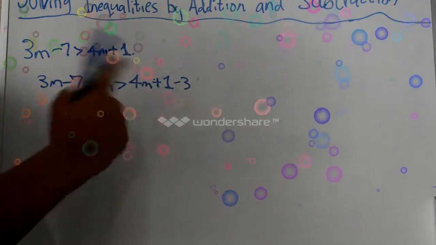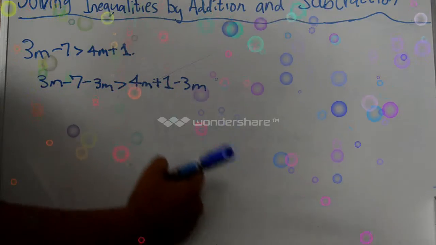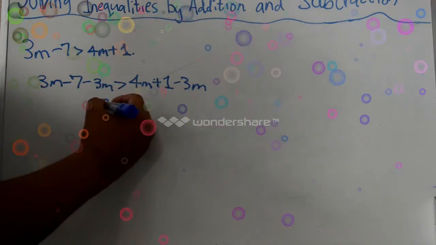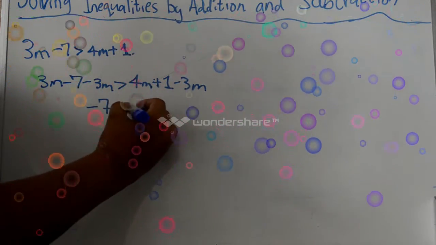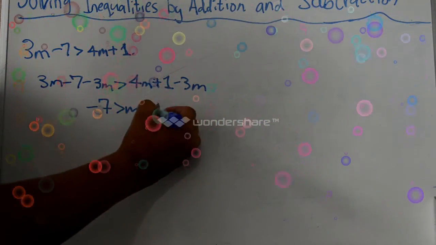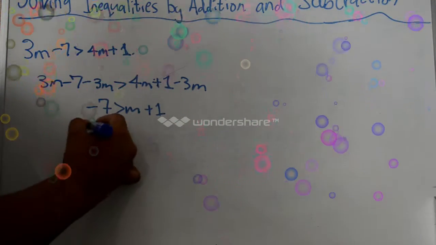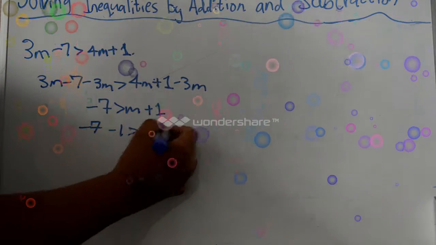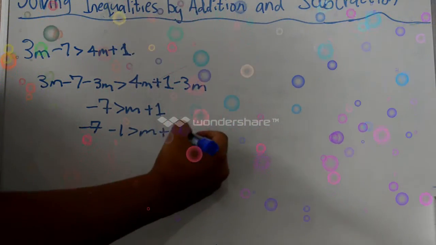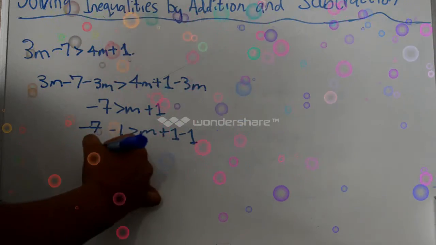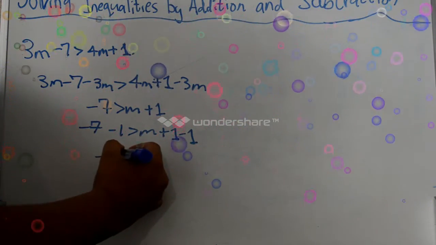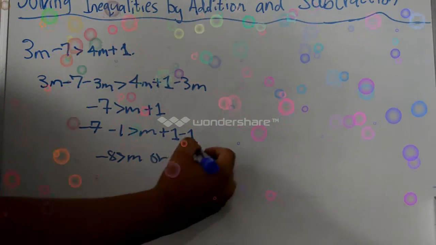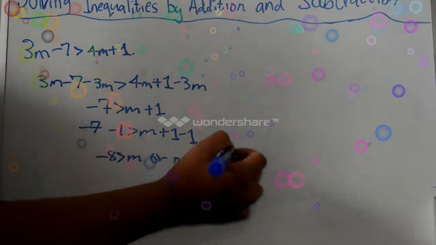We subtract 3m from both sides, and now we cancel. So minus 7 is greater than m plus 1. Negative 7 minus 1 is greater than m plus 1 minus 1. Negative 8 is greater than m, or m is less than negative 8.